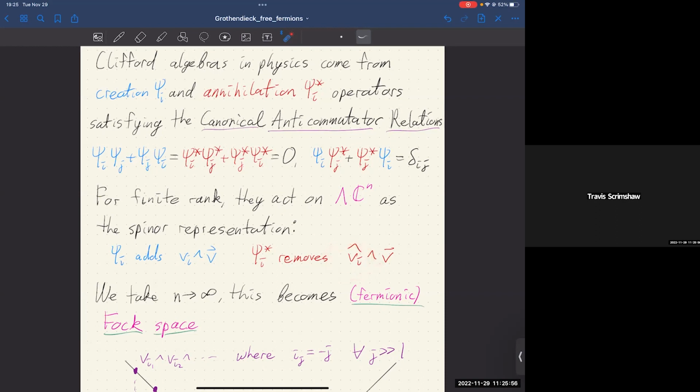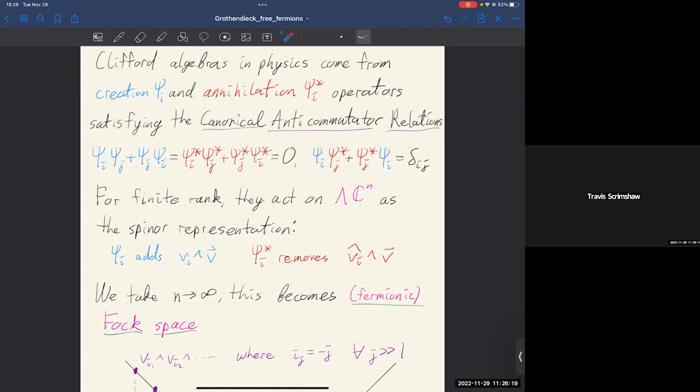And of course, if that v_i is not present, then it acts by 0. In fact, this is the only simple representation of the Clifford algebra, and this gives us a physical intuition.